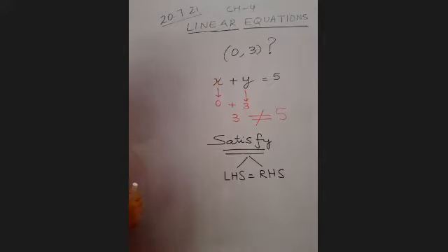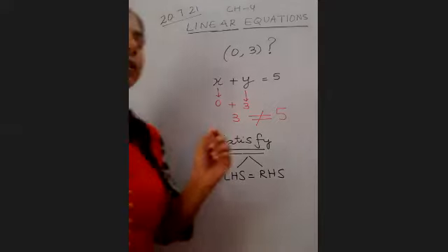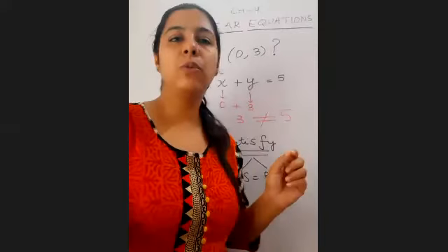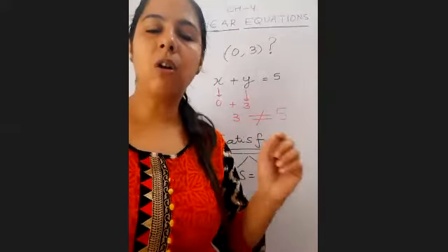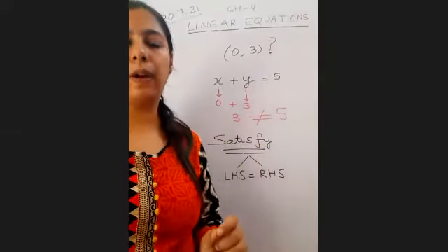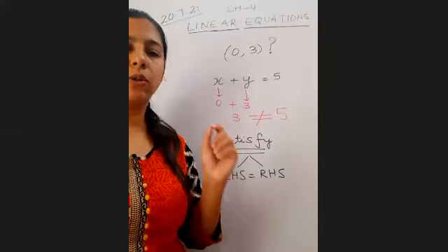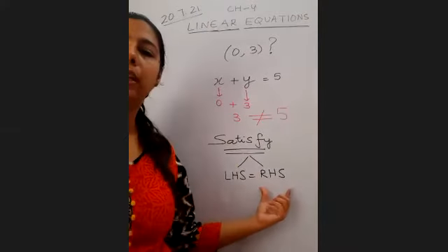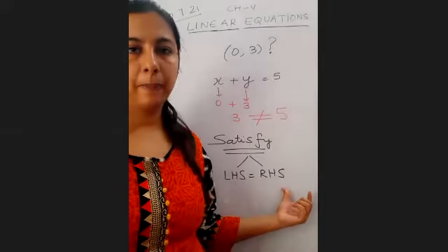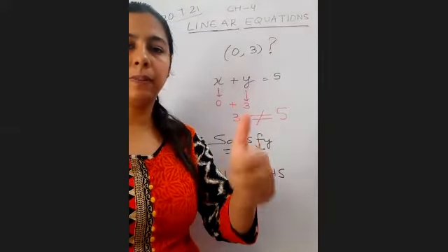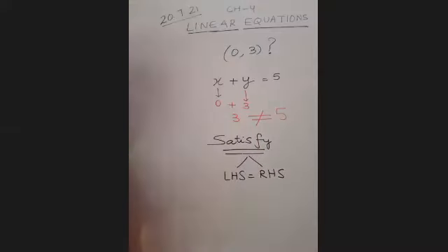No, ma'am. So we need to simply write a statement: (0, 3) does not satisfy the equation. Not satisfy means LHS is not equal to RHS. Is that okay? Yes, ma'am. Yes, beta.